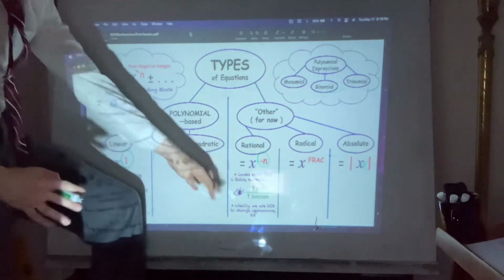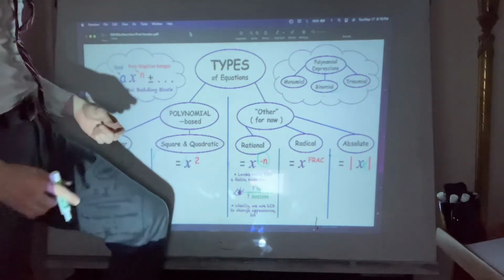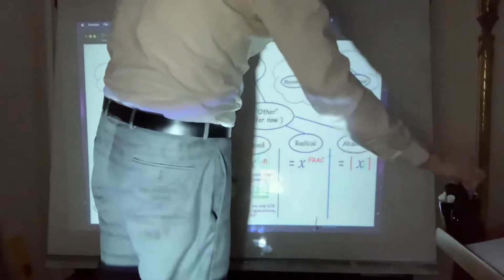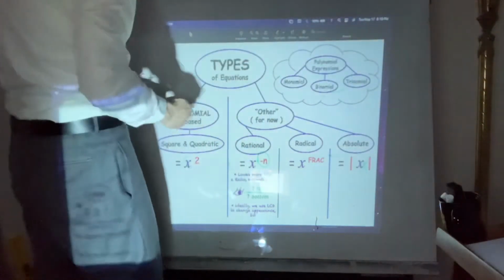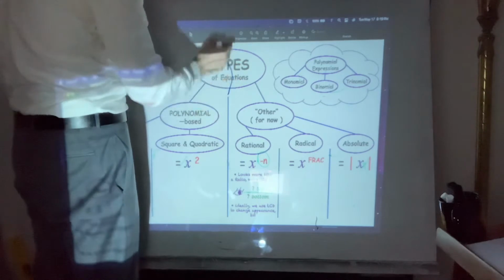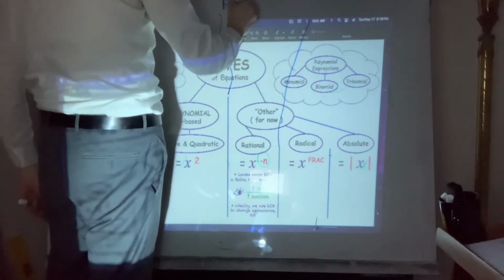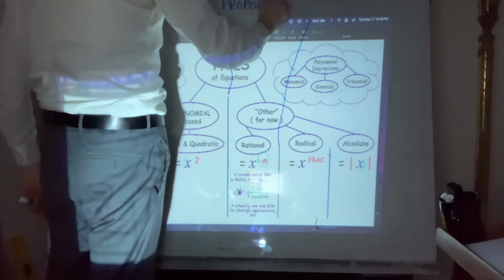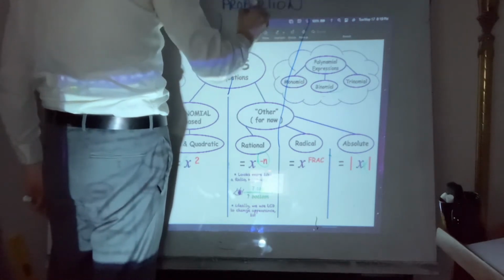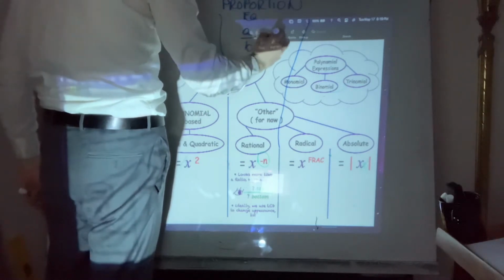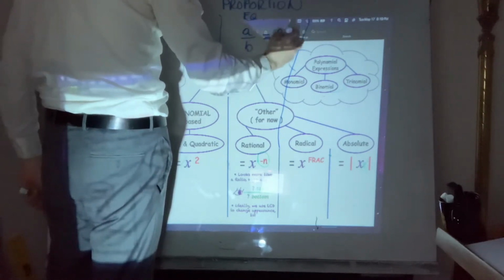There is another type, which I'll put up here just for reference. Another type that's technically rational is essentially the proportion equations. Proportion equations are when you have basically what looks like a fraction set equal to a fraction.